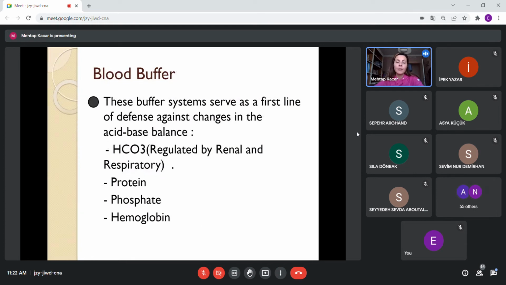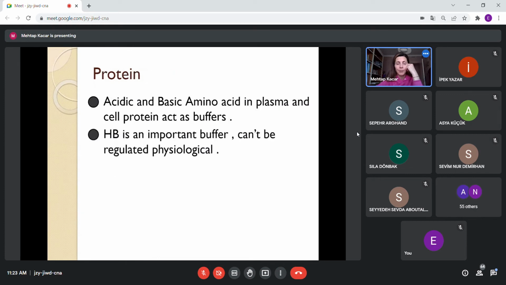Blood buffer system. This buffer system serves as a first-line defense mechanism against any problem or change in our acid-base balance. Bicarbonate is regulated by the renal and respiratory systems, and it is the bicarbonate ion buffer system. The others are the protein buffer system, phosphate buffer system, and hemoglobin system. All these systems are localized inside the blood.